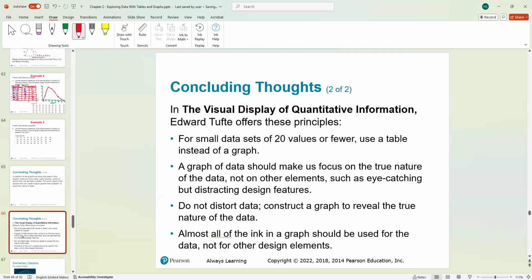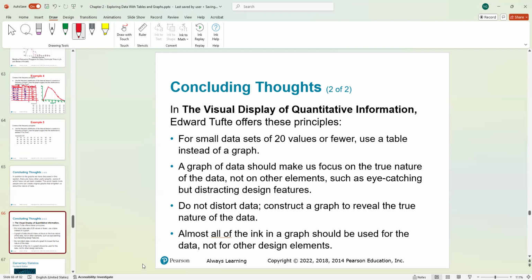For smaller data sets of 20 values or fewer, use a table instead of a graph, right? So using a table is better. A graph of data should make us focus on the true nature of the data, not on other elements such as eye-catching or distracting design features. Do not distort data. Construct a graph to reveal the true nature of the data. Almost all of the ink in a graph should be used for the data, not for other design elements.